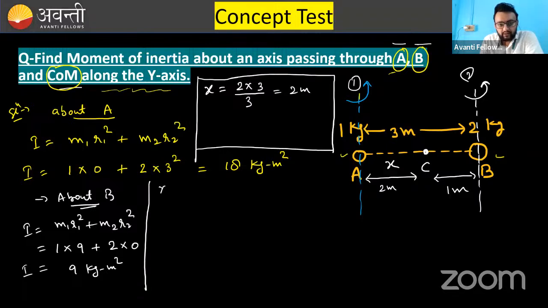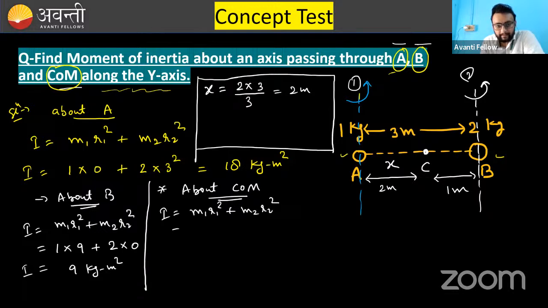So now we are going to calculate about the center of mass. How will it be calculated? You will again write I is equal to m1 r1 square plus m2 r2 square.